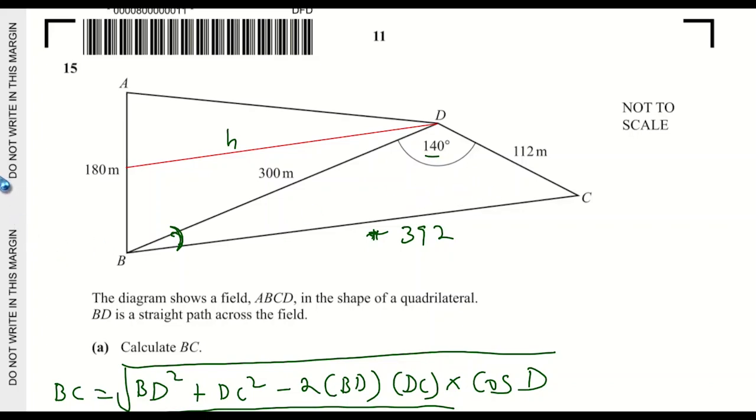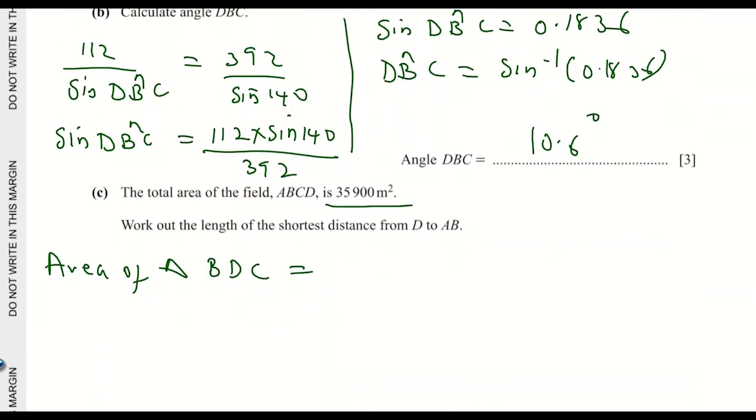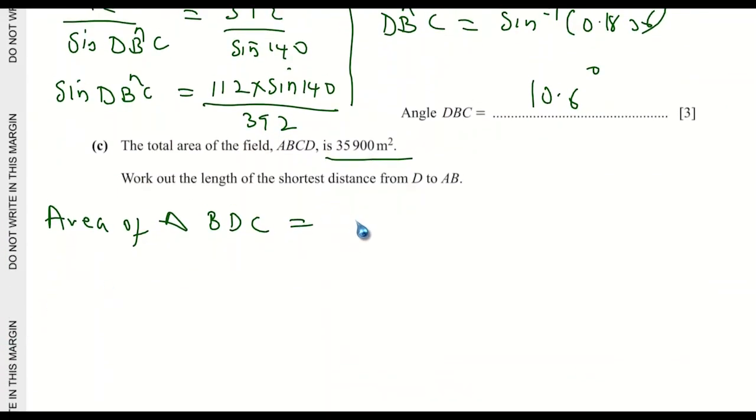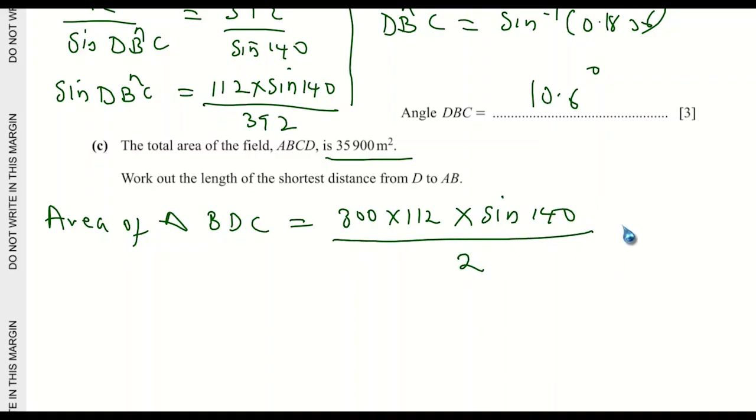So that is the formula we are going to use to get the area of triangle BDC. So it's going to be 300 multiplied by 112 multiplied by the sine of the angle between them, which is 140 degrees, divided by 2. So this gives 10,798.83 square meters. So this will be the area of triangle BDC.